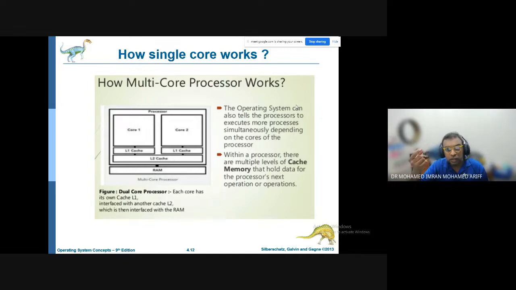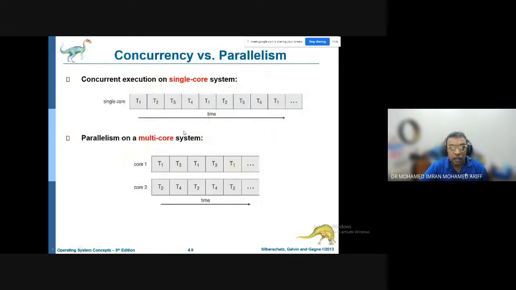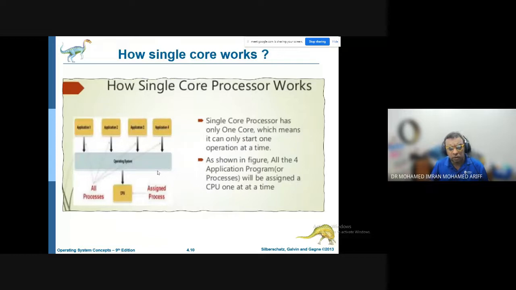Microsoft Word is already one process, PowerPoint slides are another process. Yes, but if you refer back to this slide, each of them has a time. The operating system will switch between the threads. Each thread is given a certain period of time, so it will continuously change the thread.